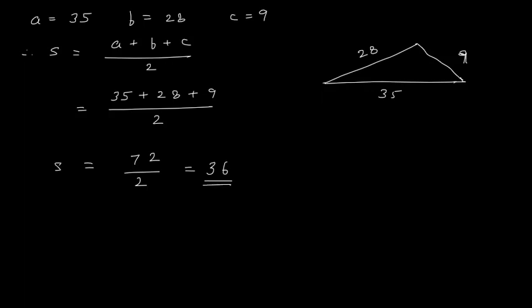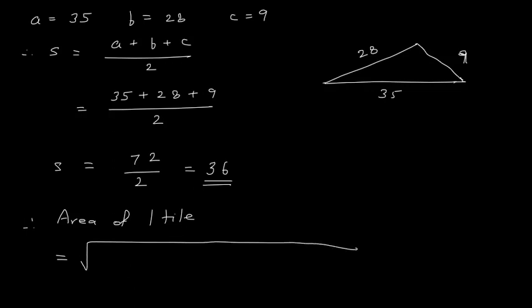Now therefore the area of one tile is equal to the square root of S into (S minus A) into (S minus B) into (S minus C).